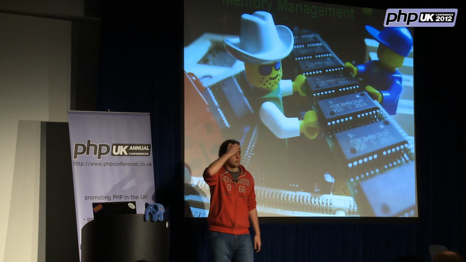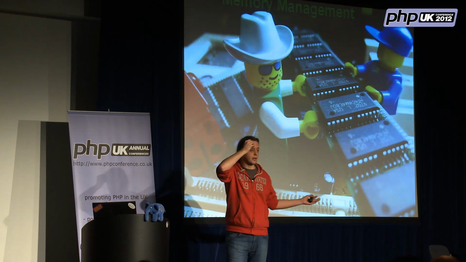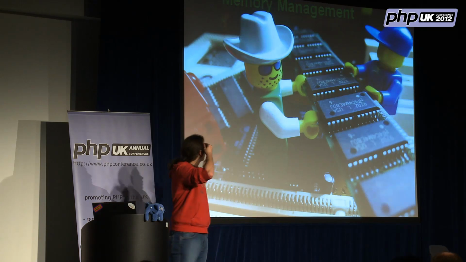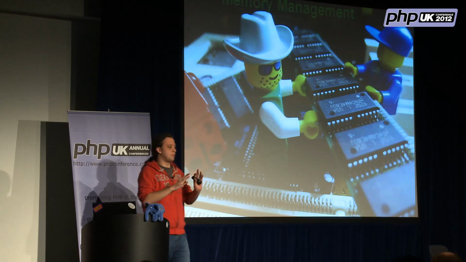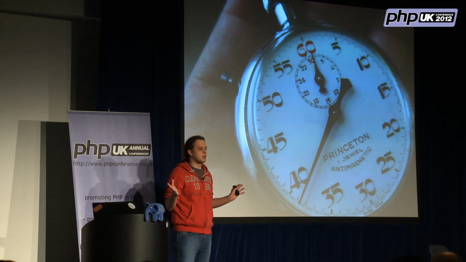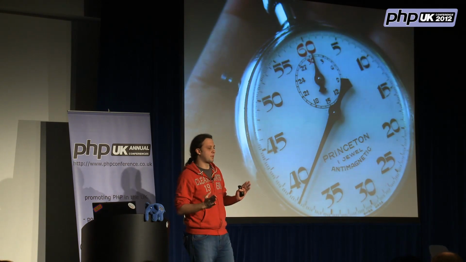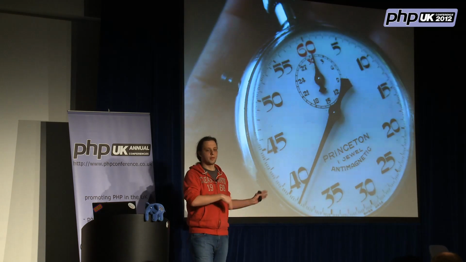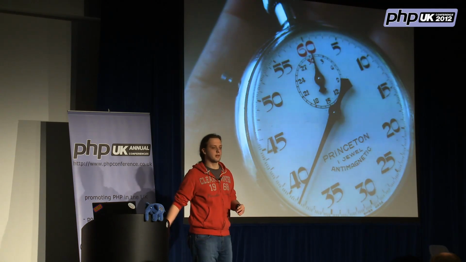So another important part is memory management in general. Most of the PHP memory management is focused on the case that we are in a web space, and a typical PHP script is running way less than a second. If a PHP script is running longer than a second, in most cases there's something wrong.